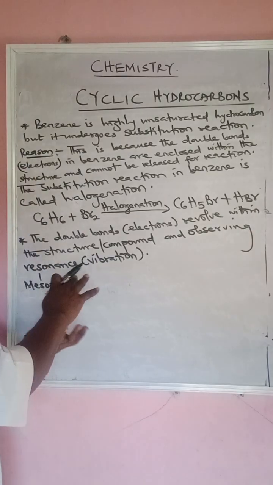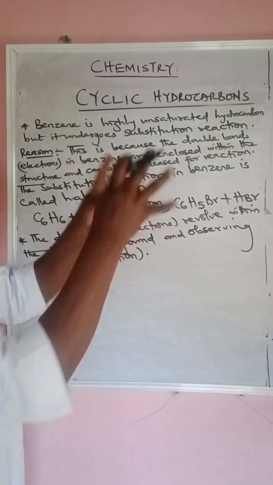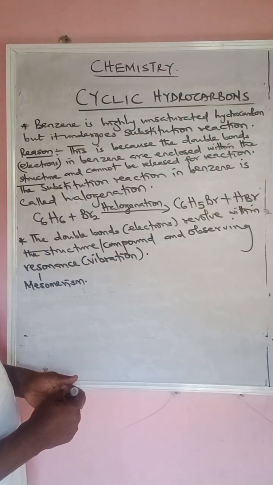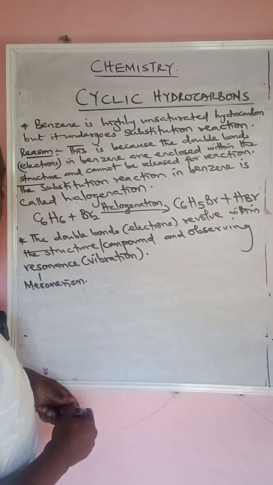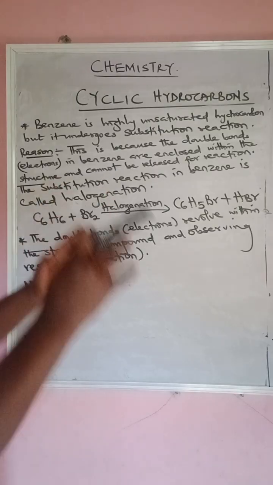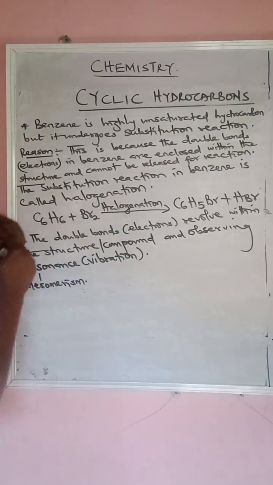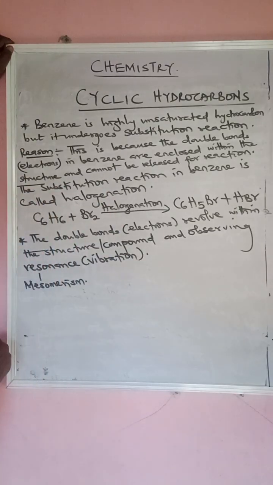So for that reason, you will see different structures of benzene. We have the Kekulé structure of benzene. You will see it when we get to benzene as a topic.